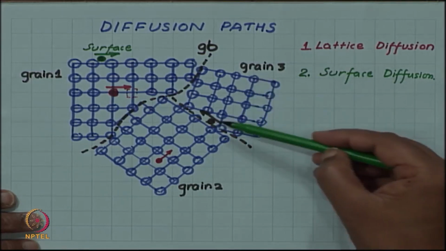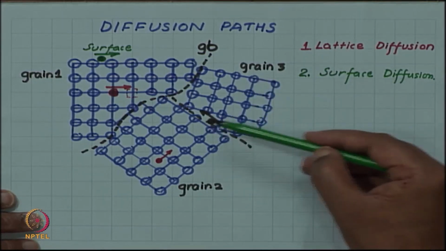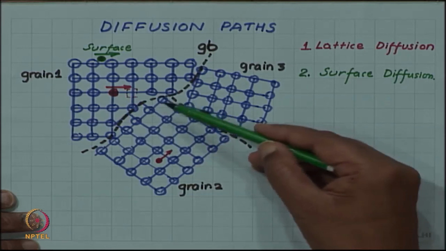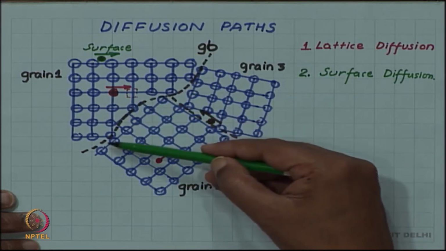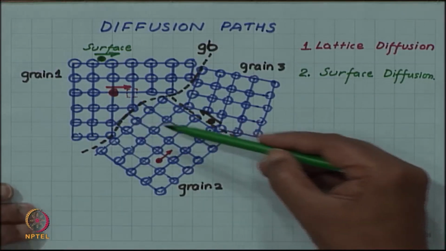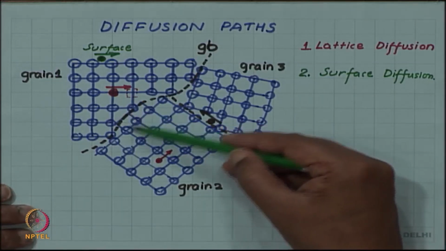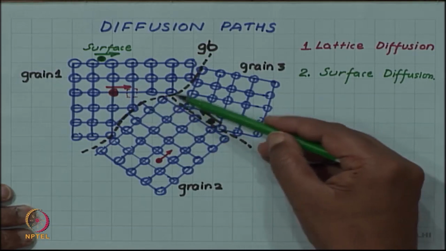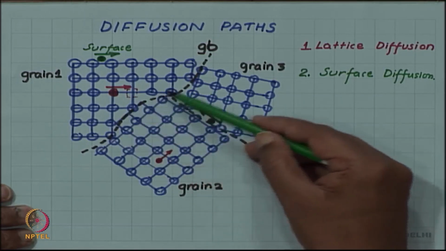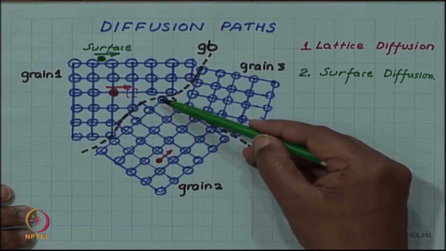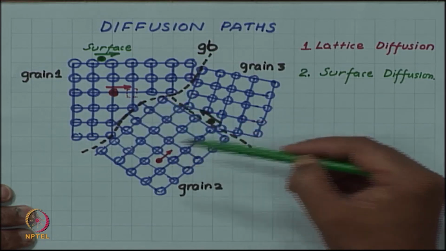Or, as you can see from this diagram also, there will be a little bit more open space around the grain boundary, because the atoms do not match, the crystals do not match properly. So, they leave some more open space; the regions around the grain boundary will not be as tightly packed as the region inside the grain.